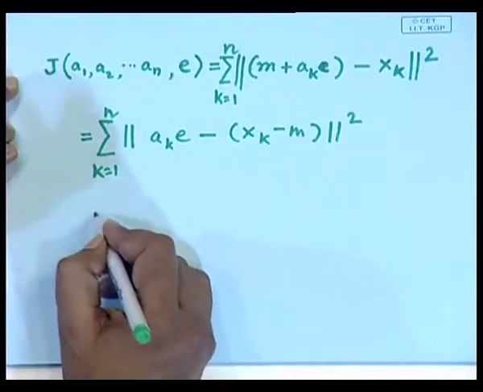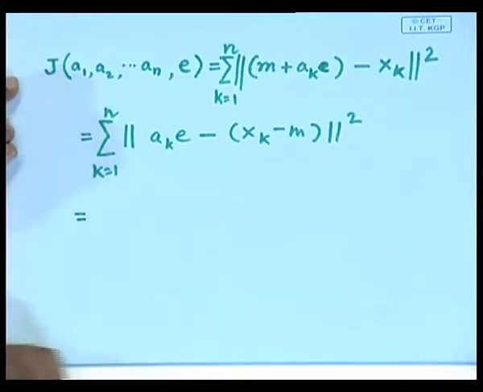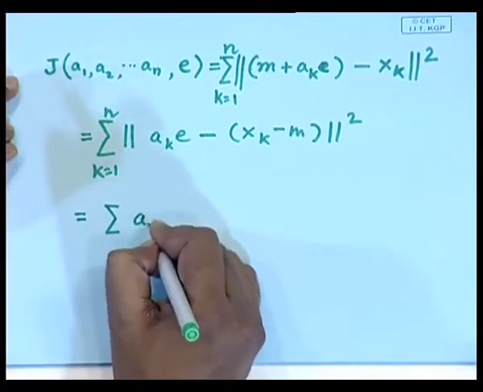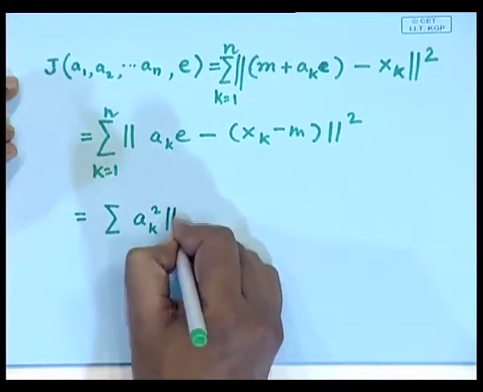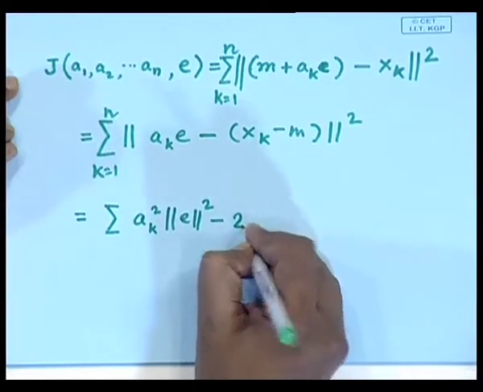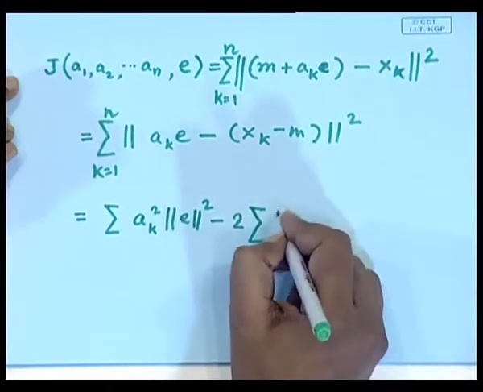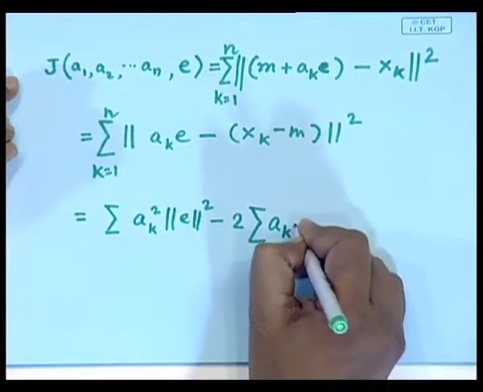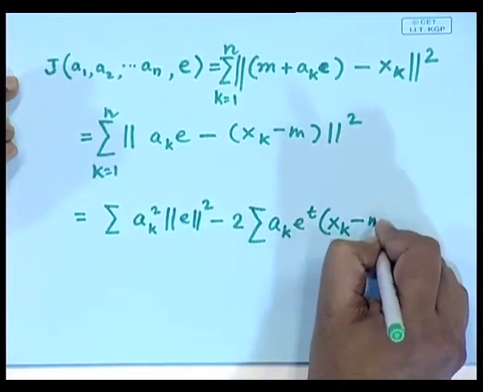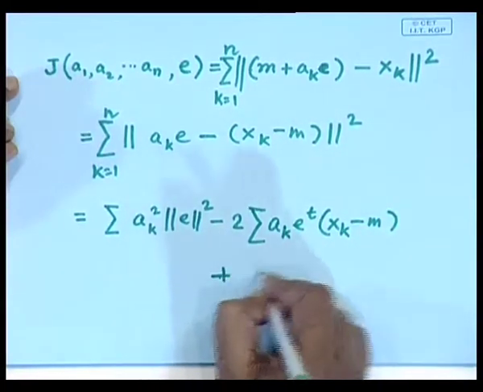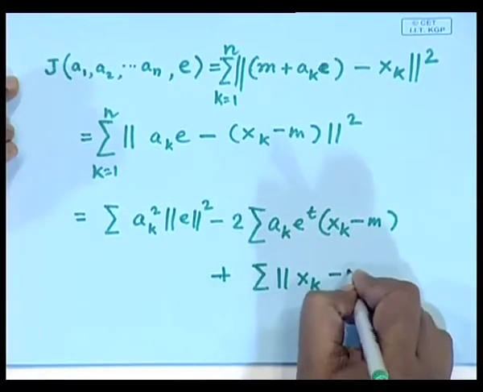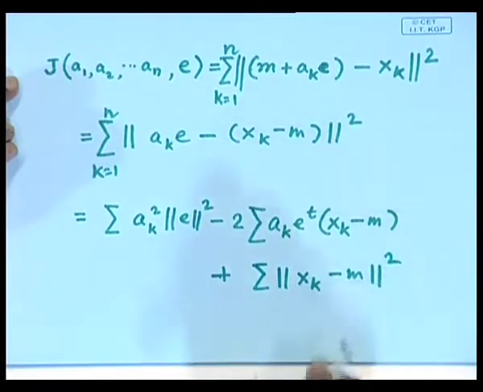So, if I expand this square, it simply becomes the sum of a k square into mod of e square, minus 2 times the summation of a k e transpose into x k minus m, plus the sum of x k minus m square.